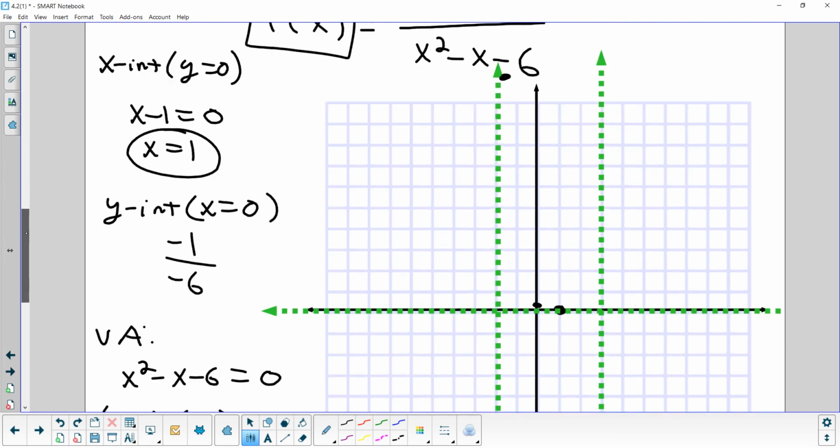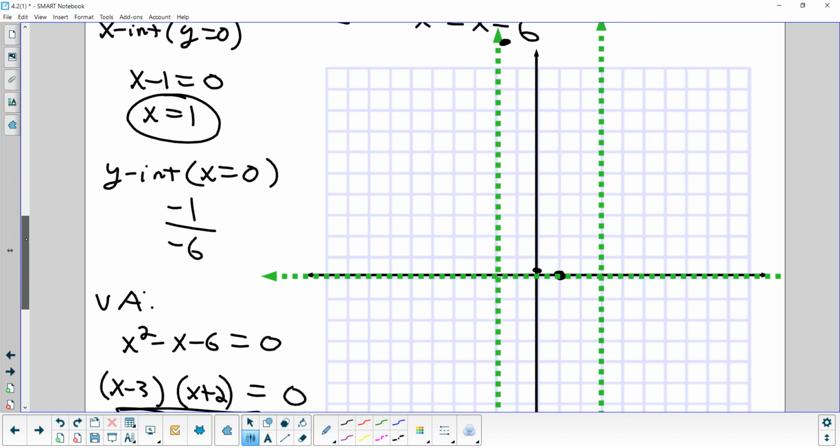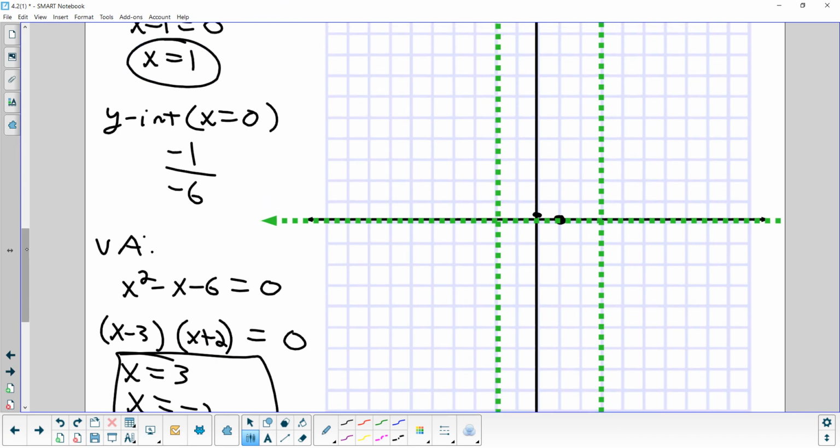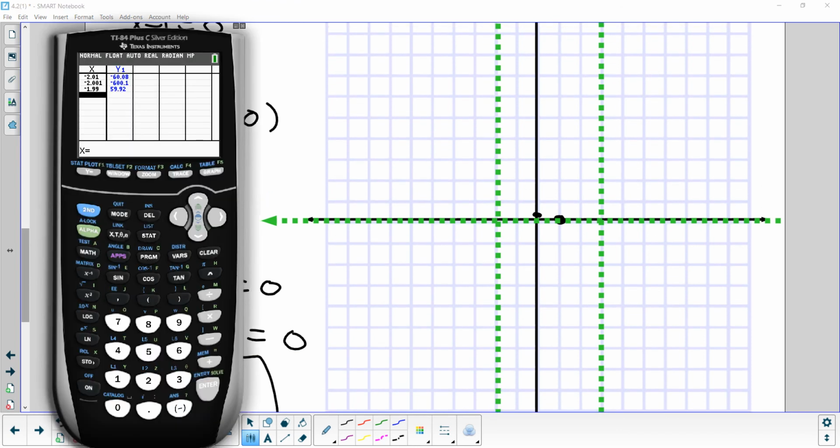So when we go to the right of the asymptote, it's up very high. Also, when you get to the table, you have to go to table setup and make sure your table setup is on ask for independent and auto for dependent, just like that. And how do you get to the actual table again? Second graph.